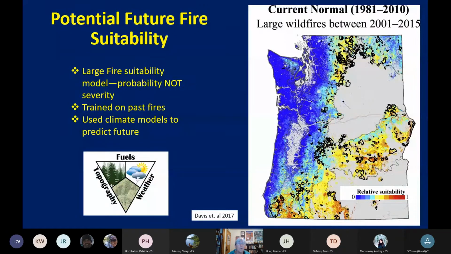So the only thing that we really can look at is how climate is going to influence weather, and so influence fire. And so what this wildfire suitability is really telling us is more, what is the probability that this potential site is going to be suitable for a large wildfire, and not necessarily what is the effect of that large wildfire going to be. So I want to just make sure that's clear.